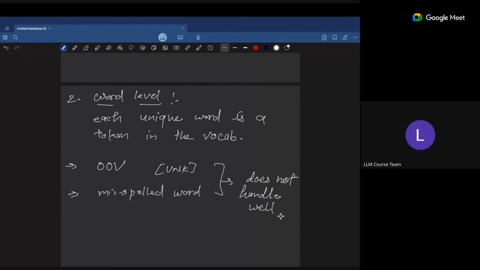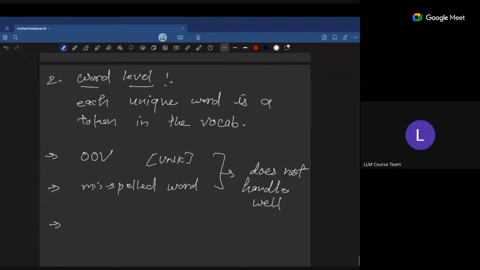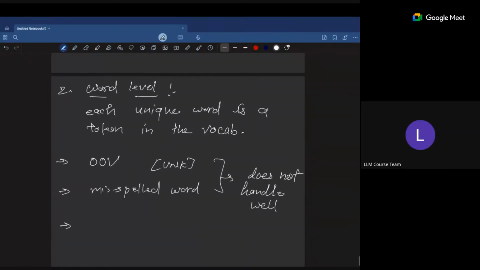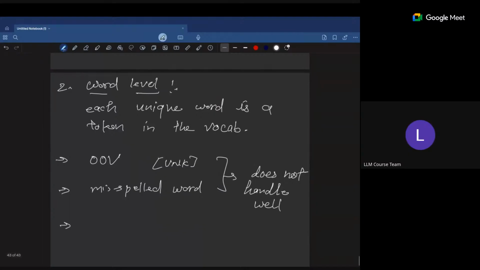Okay, so that's the issue with word level. If an unknown token or a misspelled token comes, the information that word contains will be lost, right? Another issue with word level tokenization is that the vocab size we get is very large.